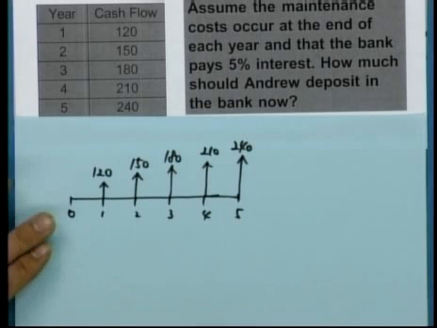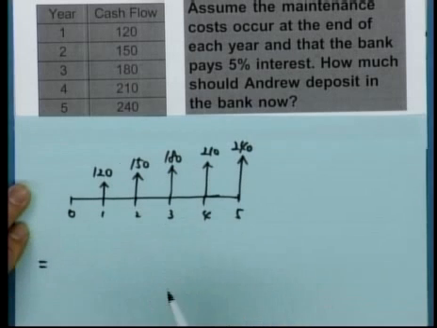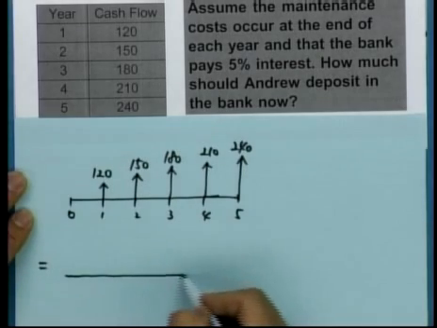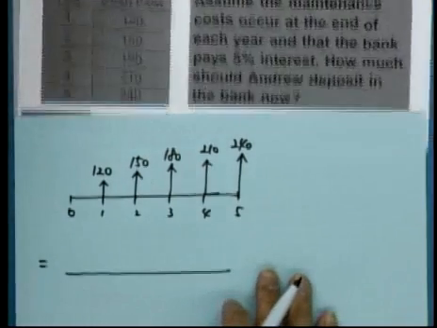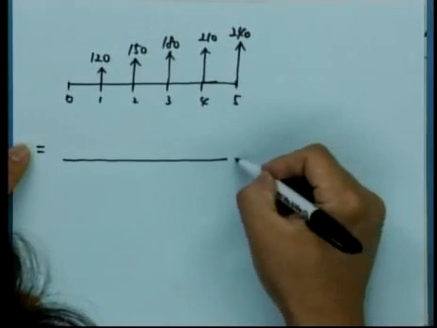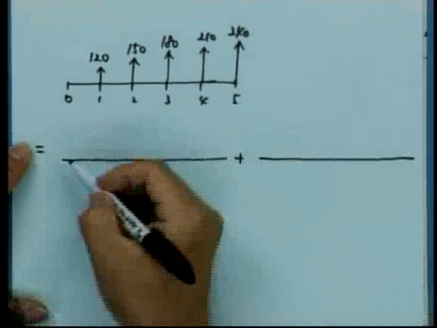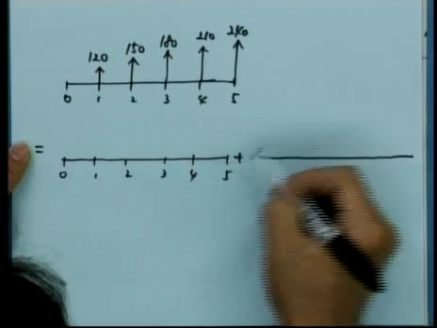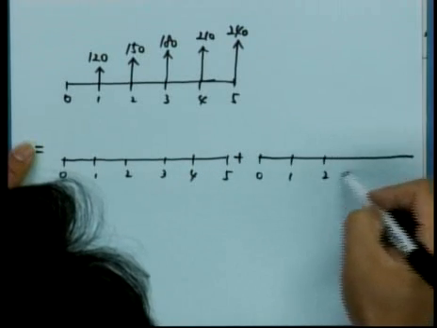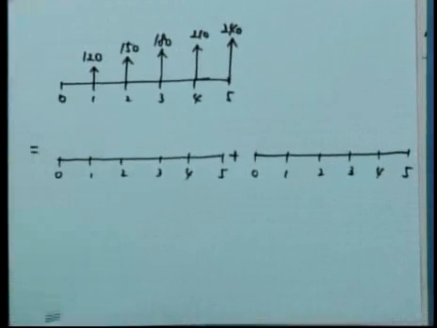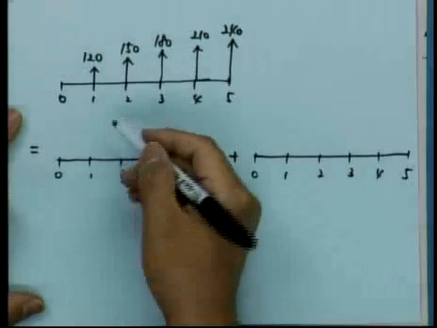So this cash flow can be broken into 2 different parts. One for the uniform annual series and another for an arithmetic gradient series. So 0, 1, 2, 3, 4, and 5, and again 0, 1, 2, 3, 4, and 5.